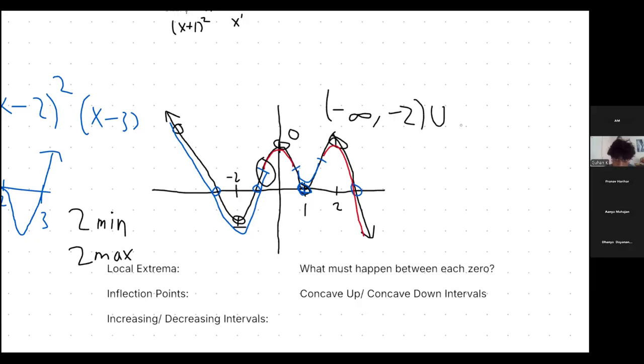And then we put union to indicate there's more in the domain. 0 to 1. Again, notice the parentheses. And then finally, 2 to infinity. Now, this is where it's decreasing. So let's write that. Decreasing.